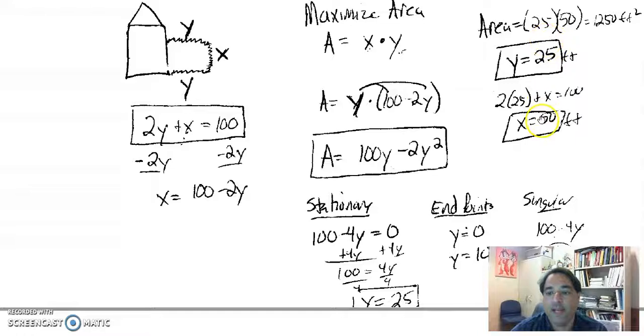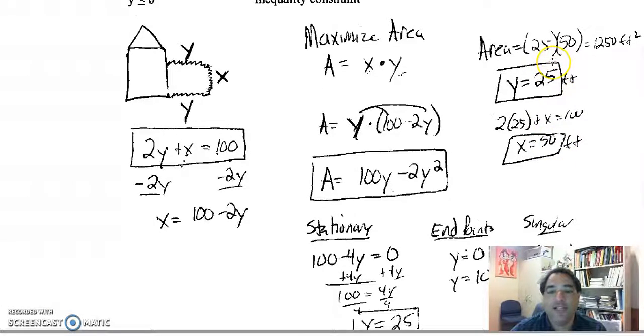So now I know that x is 50 and y is 25. So the max area I can get with 100 feet of fence only having 3 walls would be 25 times 50. 25 feet times 50 feet would be 1,250 feet squared.